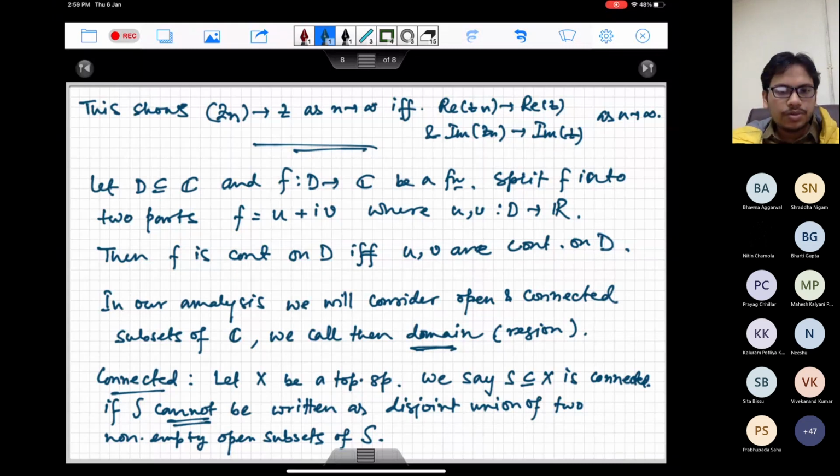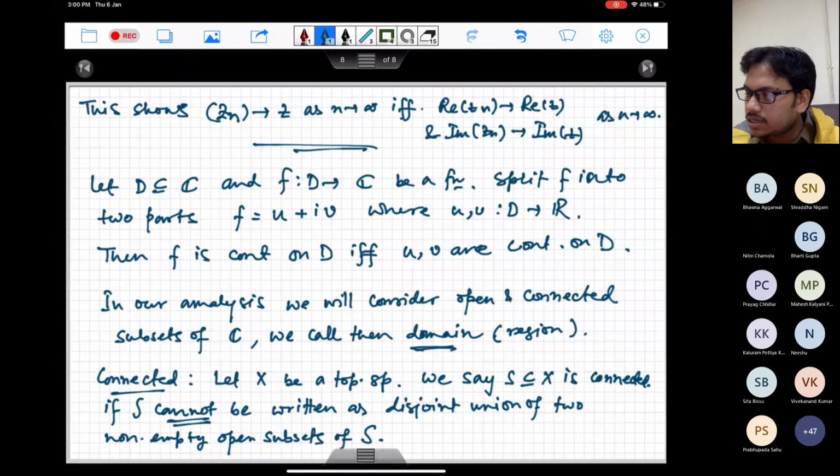The moment I try to write S as a union of two open sets, open in the subspace topology, so open in S, I will always get that those two open sets are going to intersect.